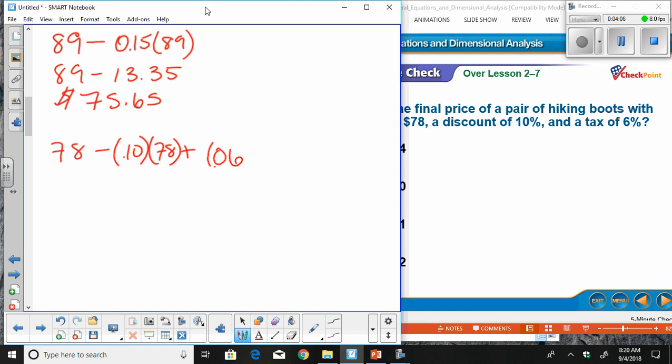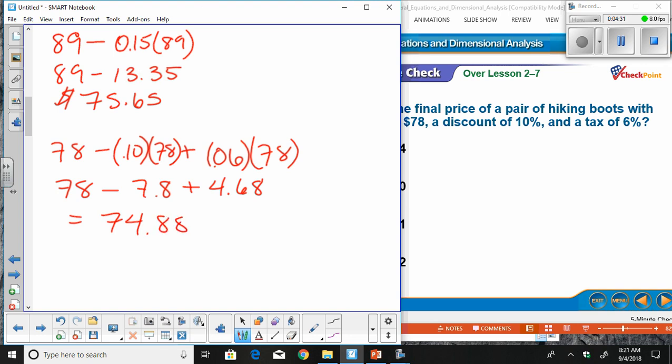So it's 0.06 times 78. Got 10% pretty quick. But 6%, 0.06 times 78, is $4.68. So I'm going to say 78 minus $7.80 plus $4.68 gives me $74.88.